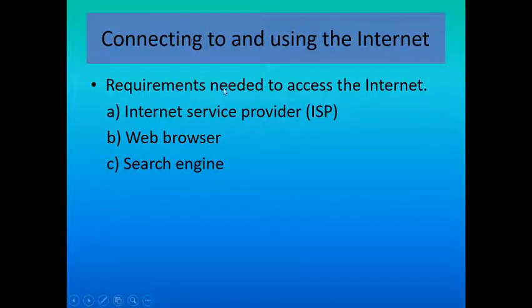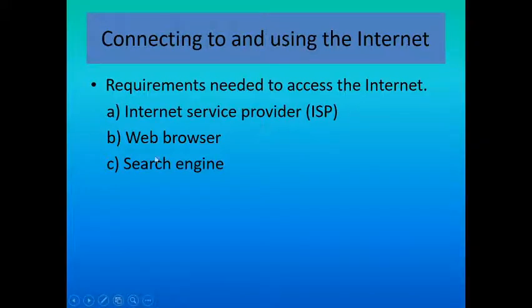Right, okay. Now, how to access the internet? What are the things you need? Definitely you need a computer. Other than that, you need the service. Who is giving this service? It means the internet connection, from a company. That is the internet service provider.